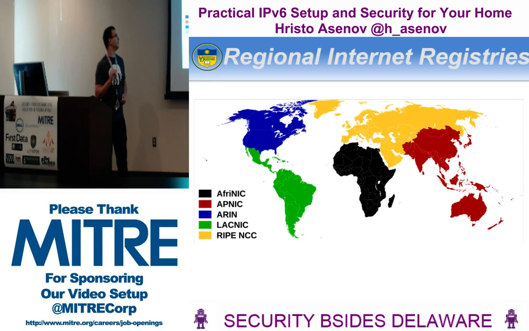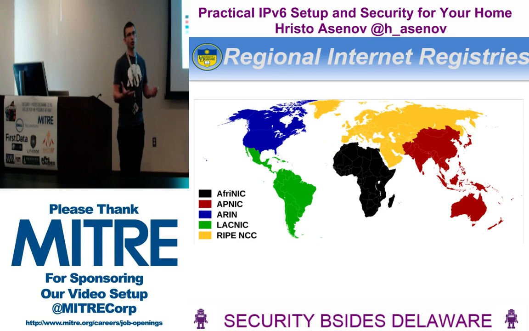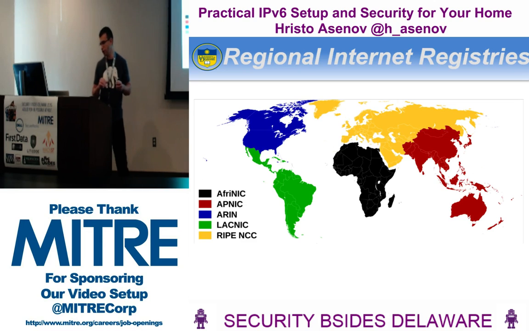These are called regional internet registries, and local internet registries are their customers. They get the assignments, and then they either allocate these assignments to their customers, which is us, or assign them to themselves.